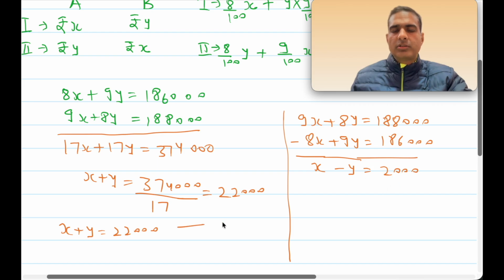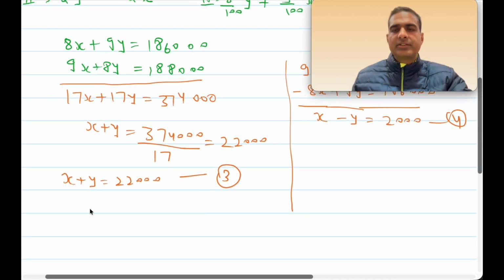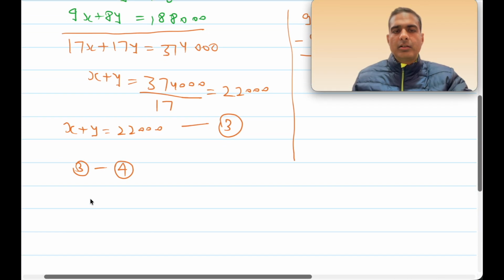Now we have got two simple equations. From that, finding out the value of x and y is easy. So x plus y is 22,000 and x minus y is 2000.